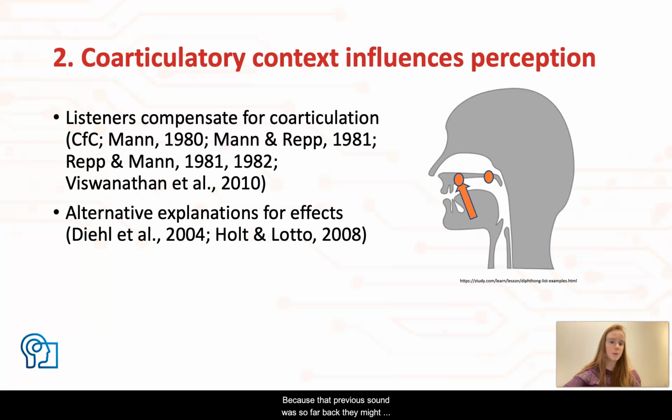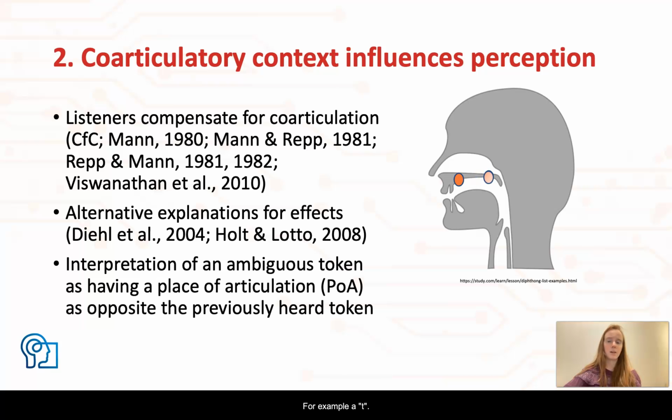Hence, because that previous sound was so far back, they might produce that second sound at a point more in between their typical front and back places of articulation. Listeners appear to adjust their interpretations accordingly, interpreting that ambiguous second token as having the opposite place of articulation as the preceding phoneme. In the example here, listeners would interpret the token as a s despite the more ambiguous place of articulation, and would likewise interpret the token as a sh if preceded by a sound with a front place of articulation, for example, a ch.